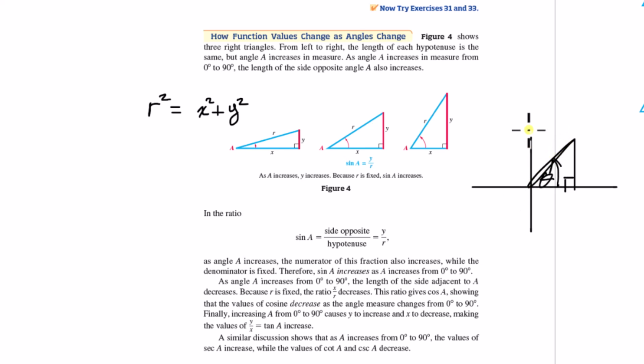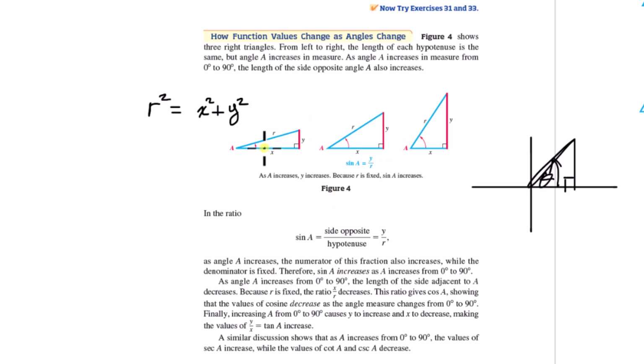And once you get to 90, y equals the radius. Since sine is strictly concerned with the y value over the radius, sine of A is increasing towards 1. It goes from 0, if this angle was really small, it's close to 0, and then it increases towards 1.